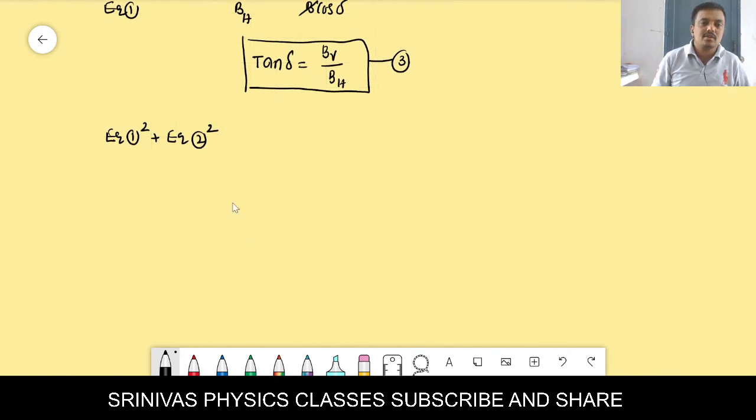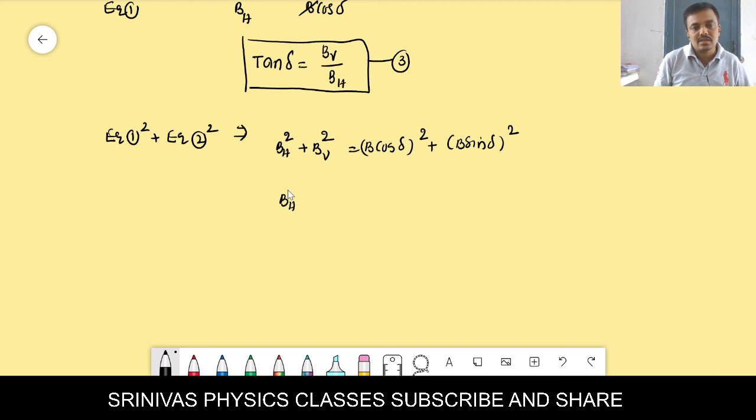If we do like that, BH square plus BV square is equal to B cos delta whole square plus B sin delta whole square. If we simplify it, BH square plus BV square is equal to B square cos square delta plus B square sin square delta, right?